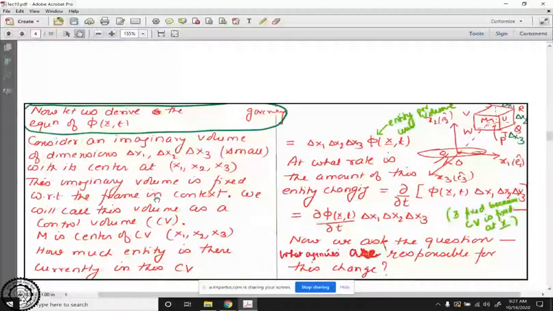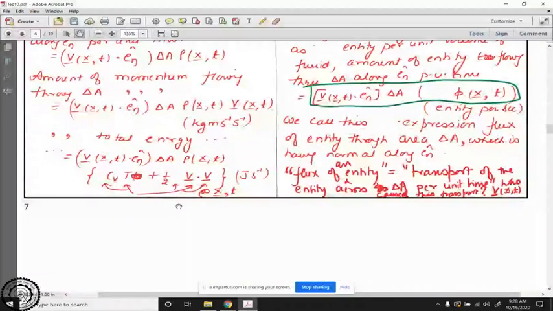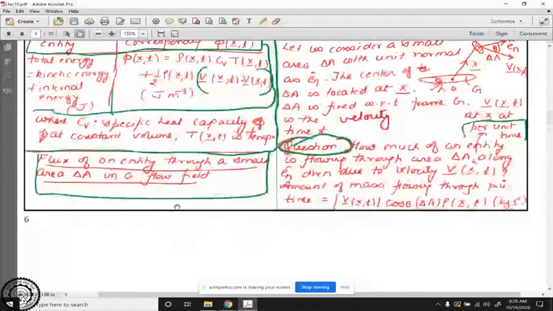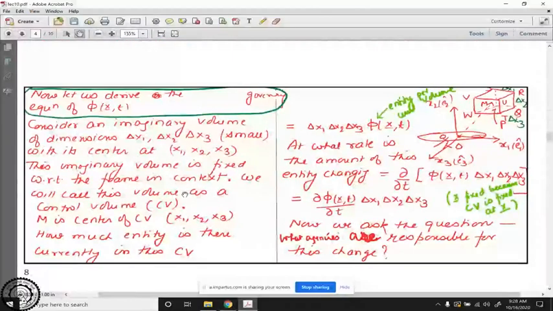So now, armed with these two new definitions and the understanding behind them, flux and this quantity phi, I want to start deriving the governing equation of phi.